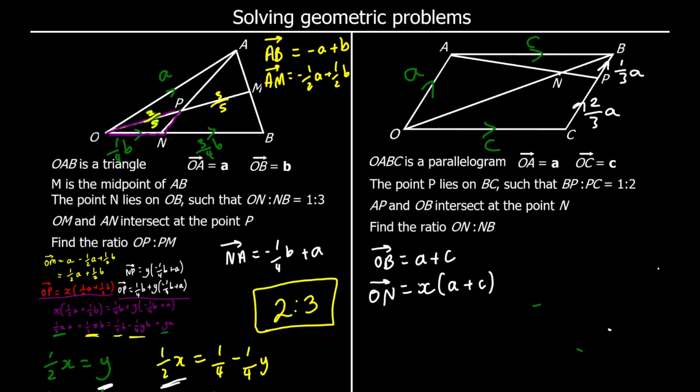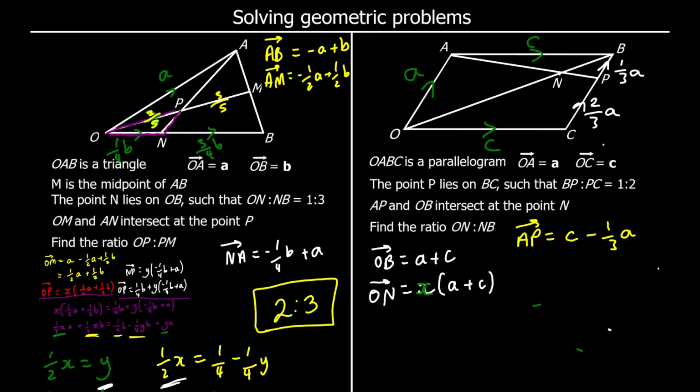So x is what we want to find out. How else can I get from O to N? So I could go O to A, and then a fraction of A to P. To do that, we'll have to know A to P. So A to P is c minus 1/3 a.